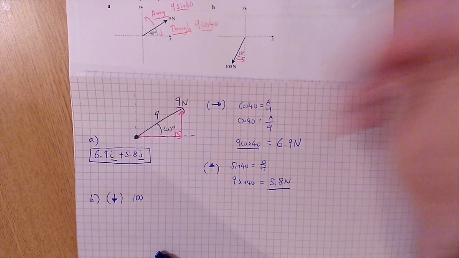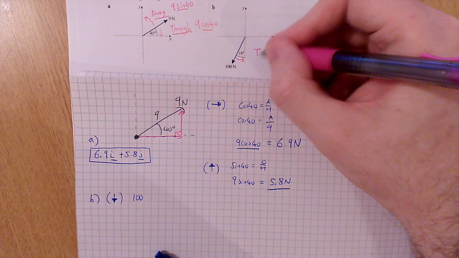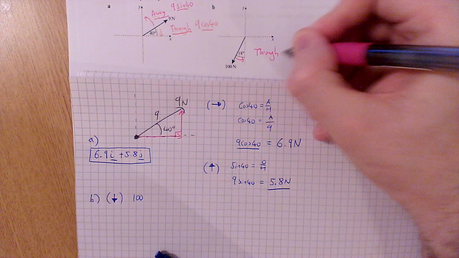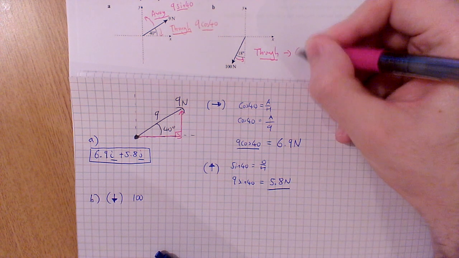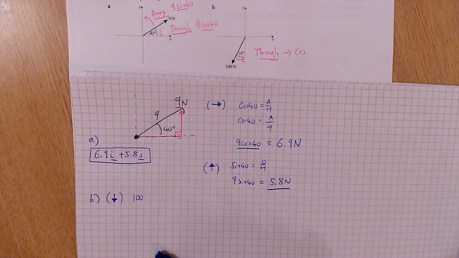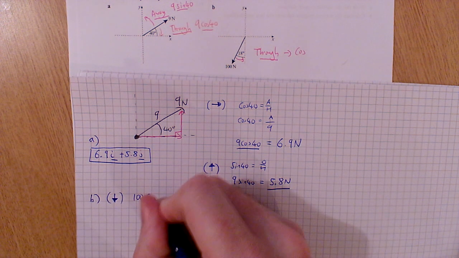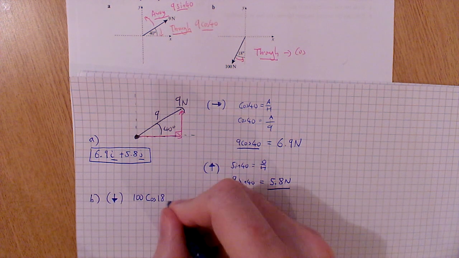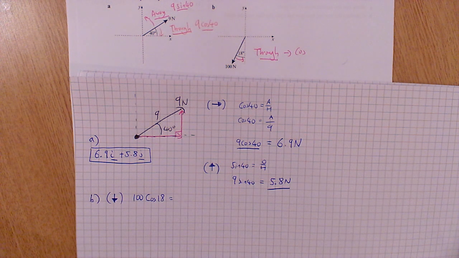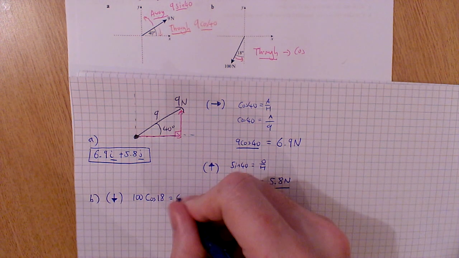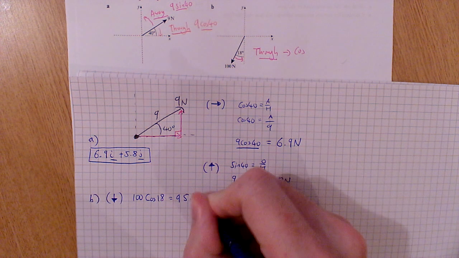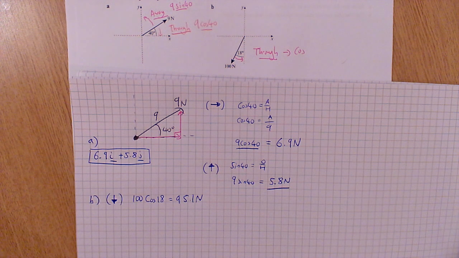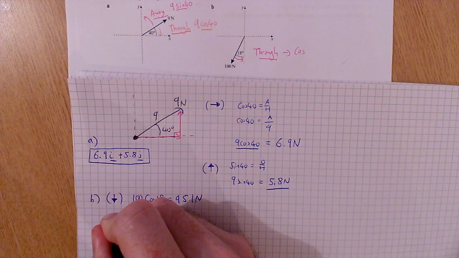This movement is that we go through the angle. If we go through the angle, that tells us it's going to be cos. So it's 100 cos 18. We pop that straight into the calculator, which is 95.1 newtons.